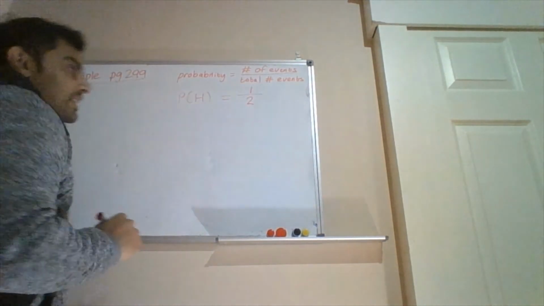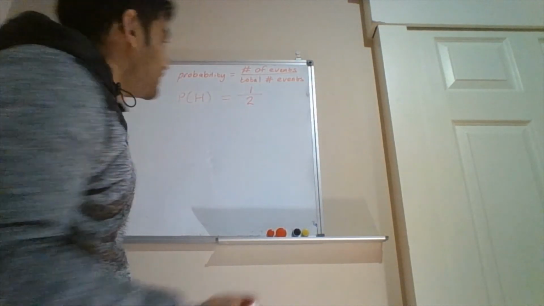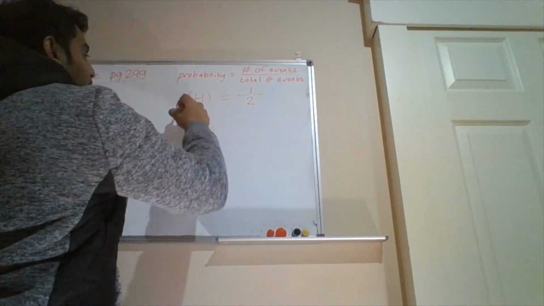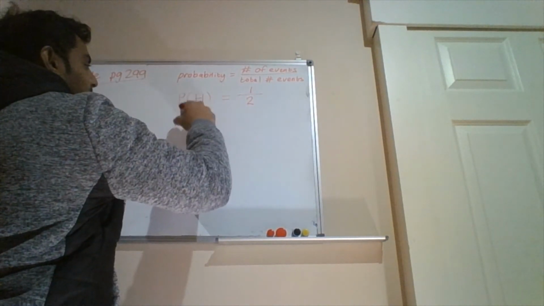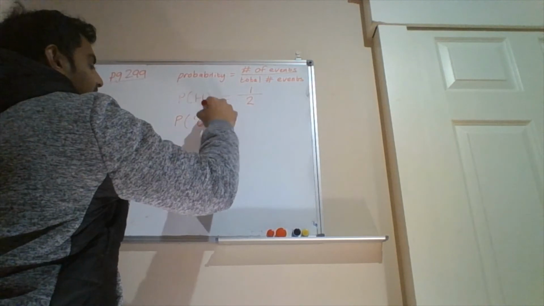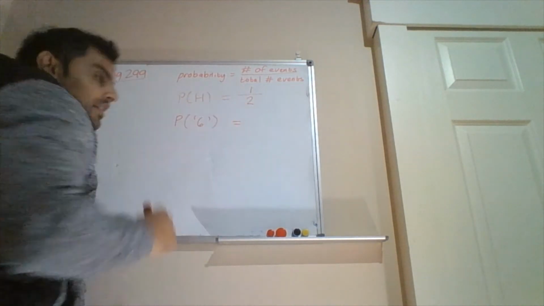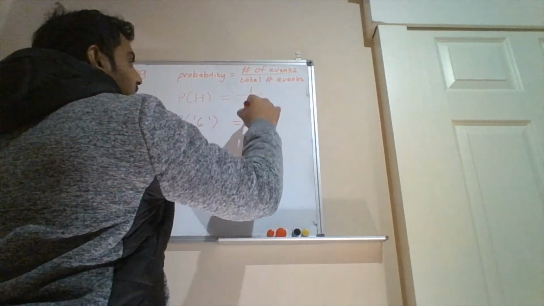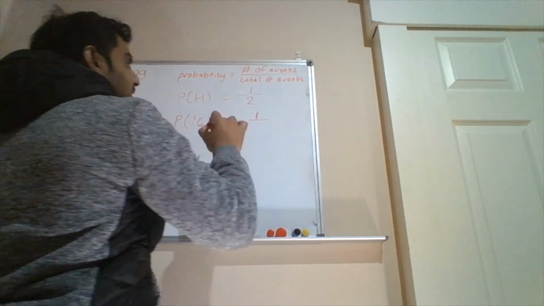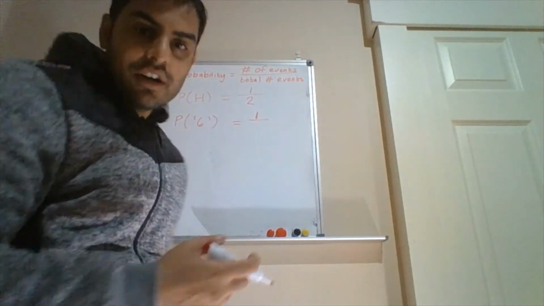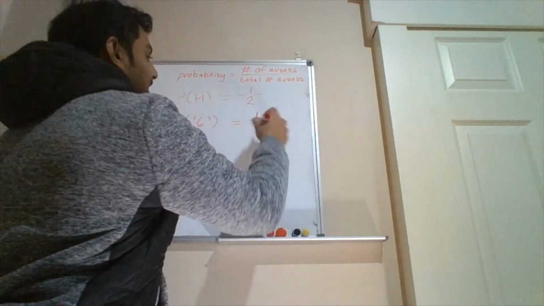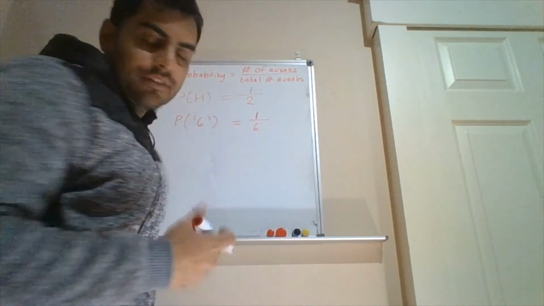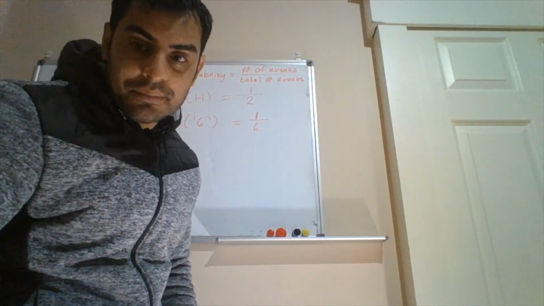So the probability of getting a heads is 1 over 2. Similarly, for rolling a dice, the probability of getting a 6: the 6 occurs on one of the faces, so the number of events is 1, and the total number of possible events is 6. Any of the 6 faces could come up.